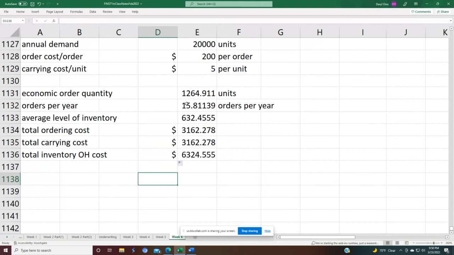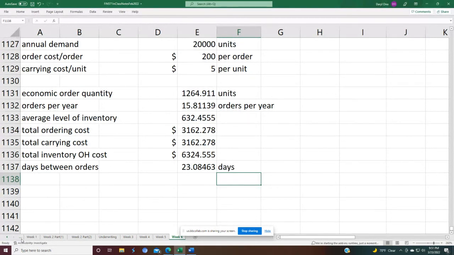So we're going to place about 16 orders per year. So I'm going to do days between orders. That's going to be equal to 365 days a year divided by this 15.8, about 23 days, which means what?